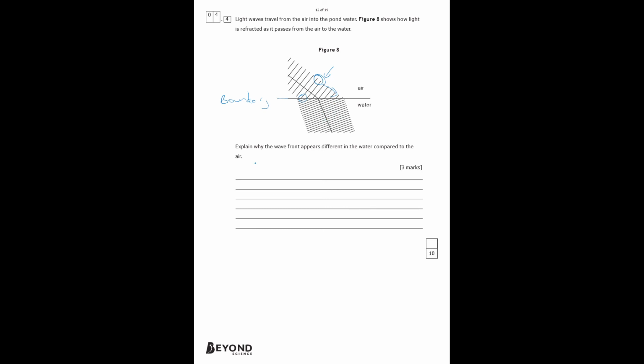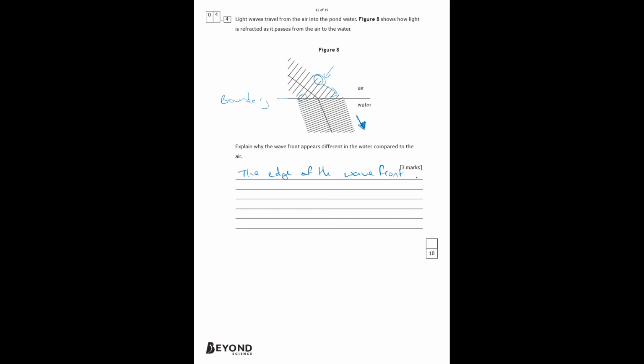So to explain that, I'm going to say the edge of the wavefront, and when I say wavefront, all of these lines are showing the direction of those waves, like the crests of water waves and what direction they're moving in.